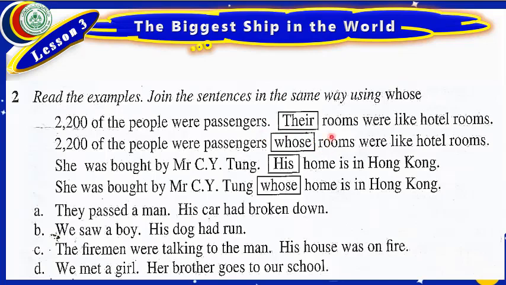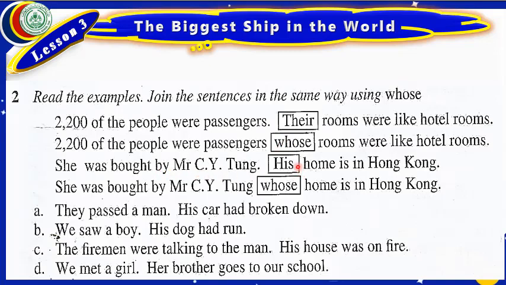Let us try to understand how many changes are made to write the answer of first example. Dear students, we can see in the given sentence there was written there, but in the answer it is not there. It is replaced by whose. In the second example, what is done?